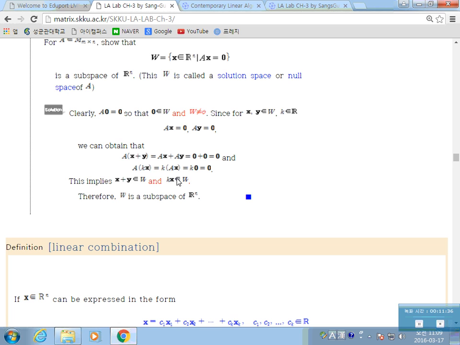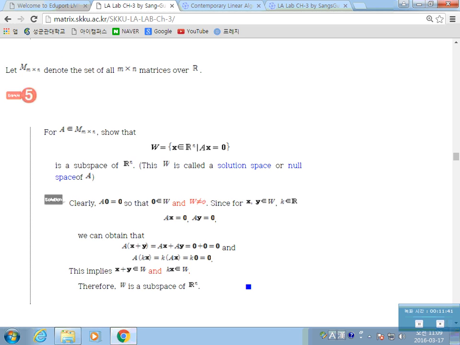So we can check this W is closed under the vector addition and closed under the scalar multiplication. So W is a subspace of what? Rn, because W is a subset of Rn. This is very important.